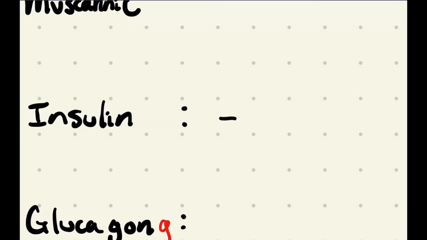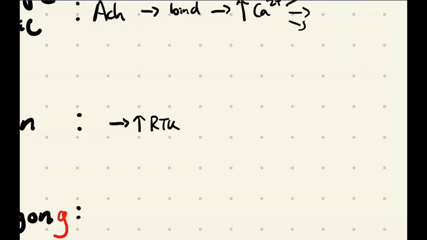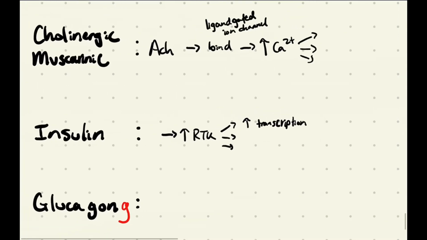Insulin, when insulin binds to its receptor, it's going to increase receptor tyrosine kinase activity. Receptor tyrosine kinases do a multitude of different effects, one of which can be, for example, increasing transcriptional levels. So it can act downstream as a transcription factor and increase transcription of certain genes.